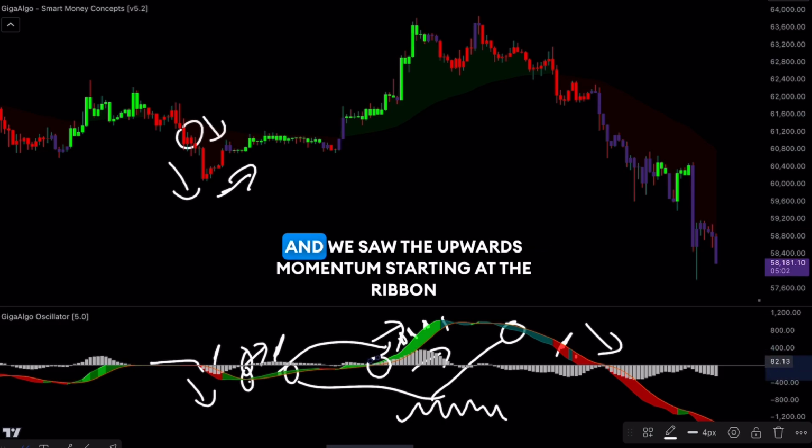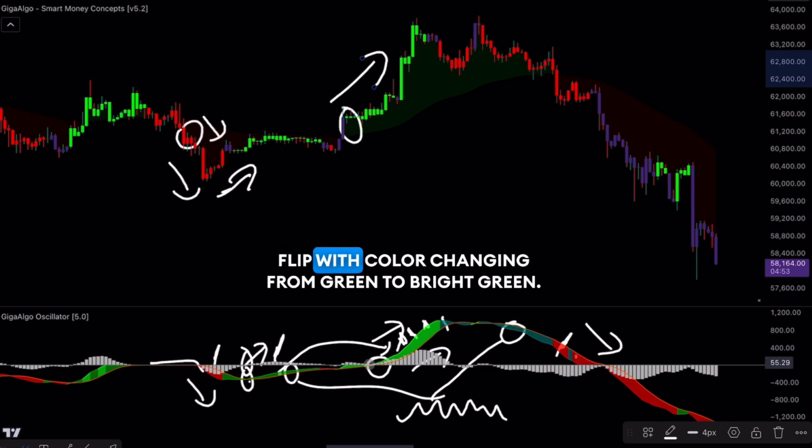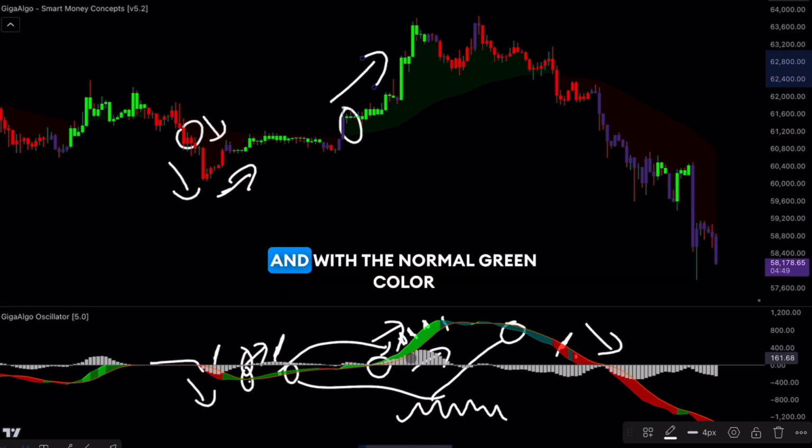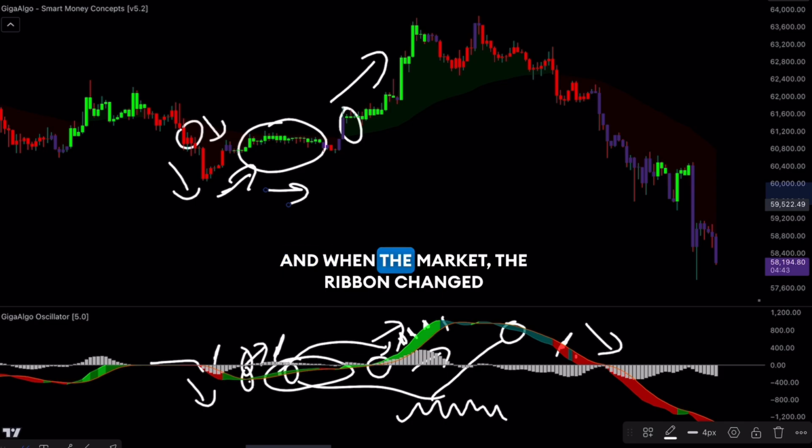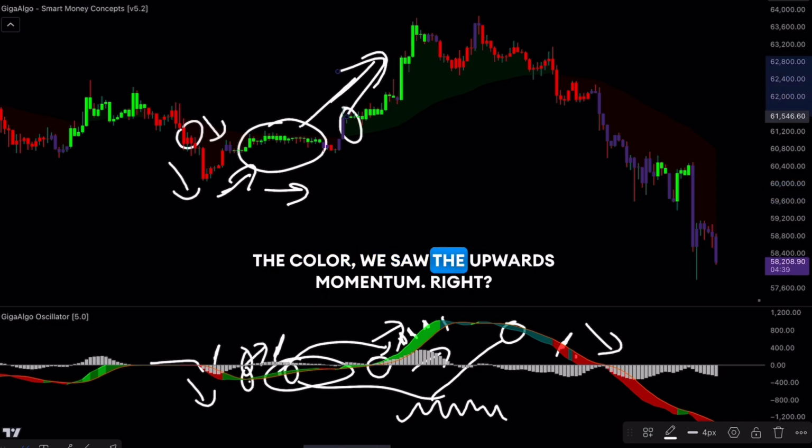It changed right here, and we saw the upwards momentum starting at the ribbon flip with color changing from green to bright green. And with the normal green color, we saw a sideways market. And when the ribbon changed the color, we saw the upwards momentum, right?